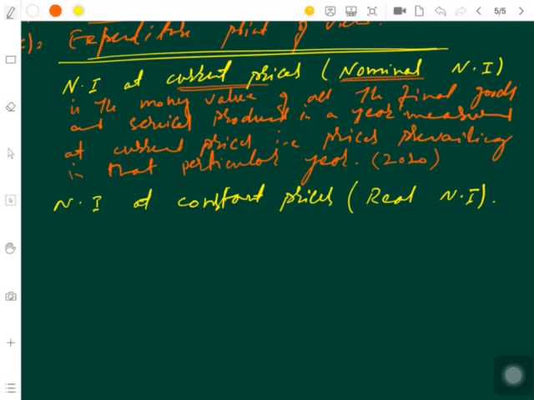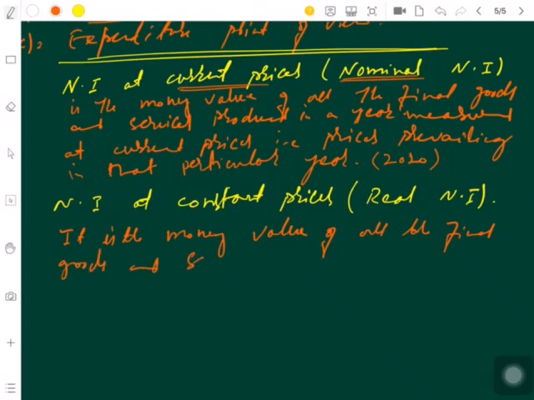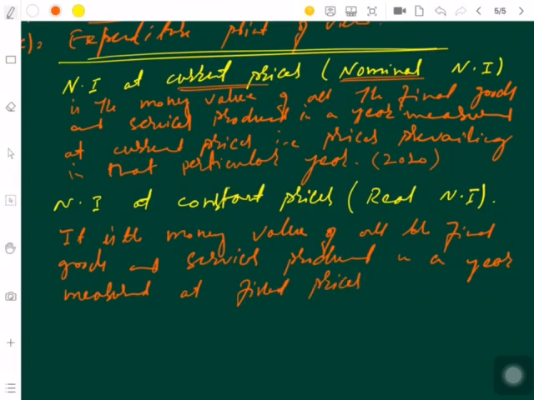National income at constant prices, or real national income, is the money value of all the final goods and services produced in a year measured at fixed prices, that is, the prices of the base year.